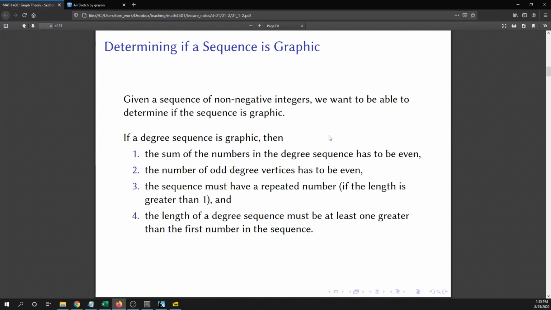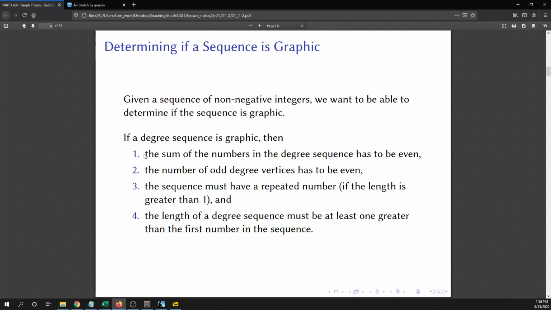There are some pretty quick ways of determining whether a sequence is graphic. They don't work in every case, but if I have a sequence of non-negative integers in non-increasing order, and we want to determine if that sequence is graphic, there are a number of things we can check. If a degree sequence is graphic, then the sum of the numbers in the degree sequence has to be even.